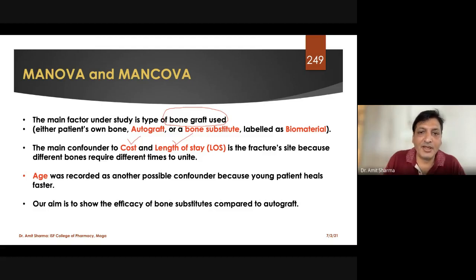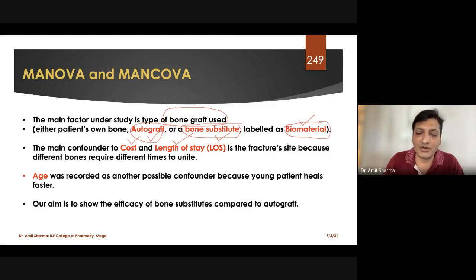They can use a biomaterial, they can use a bone substitute, which is called bone grafting, and they can use an autograft. So treatment of the fracture was done by 3 different types. One type is your autograft, the second type is your bone substitute, and the third type is the biomaterial.